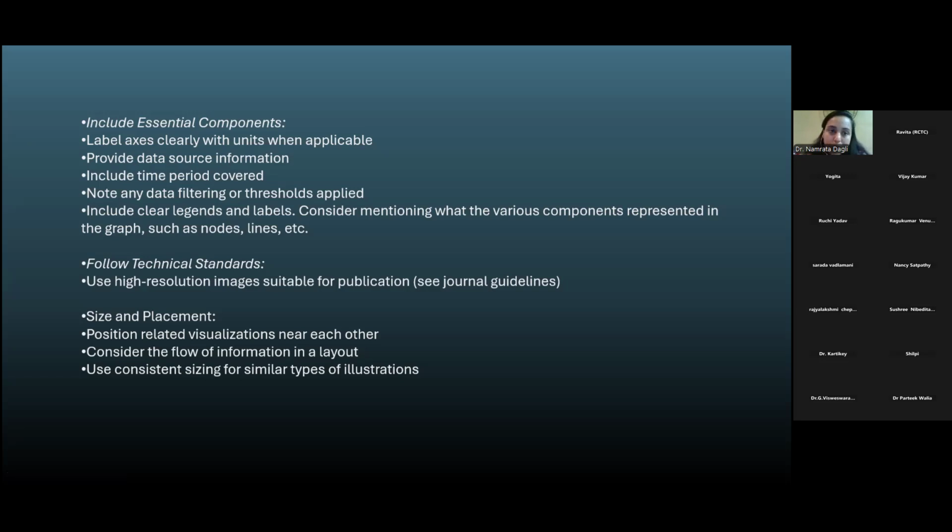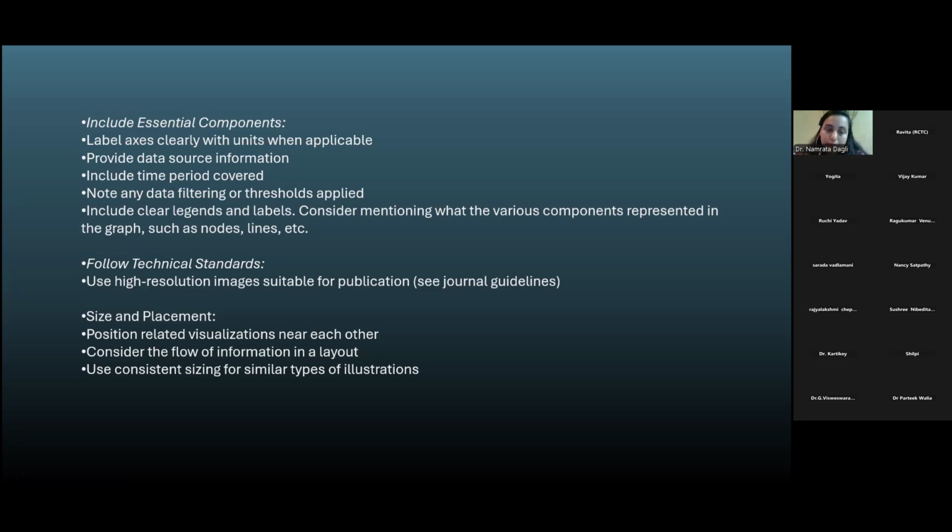Include the time period covered. If the graph is showing the time period, then you can write that. Otherwise, mention it in the legends. Note any data filtering or threshold applied. I've already told you how the graph can be very different using different thresholds.